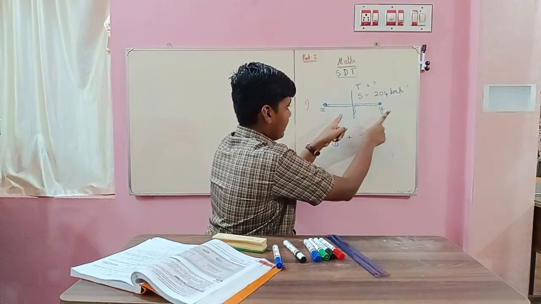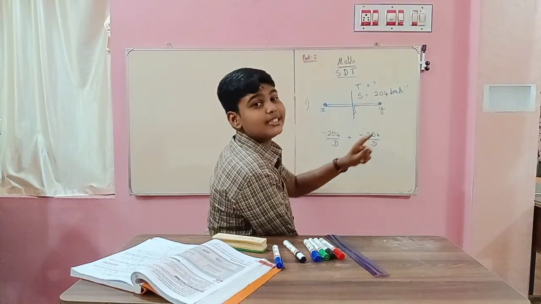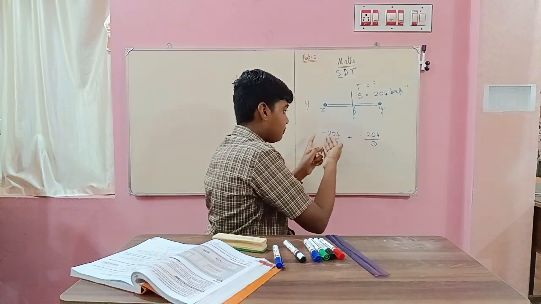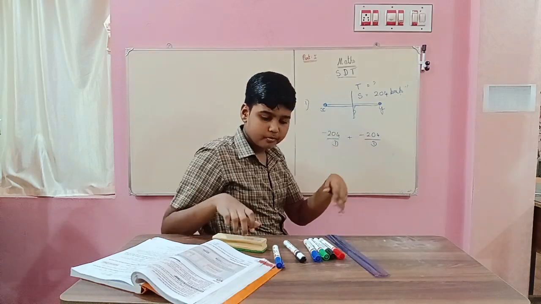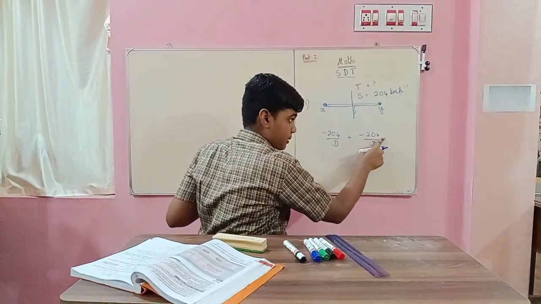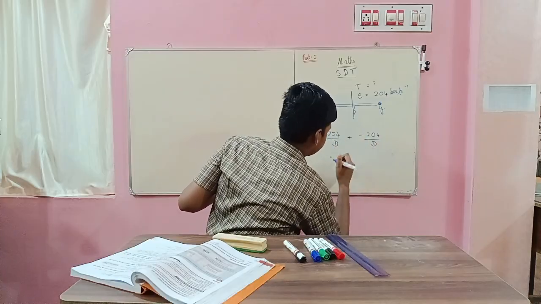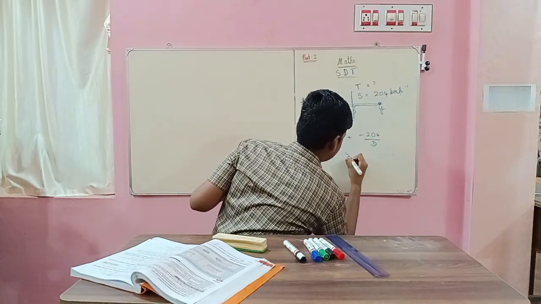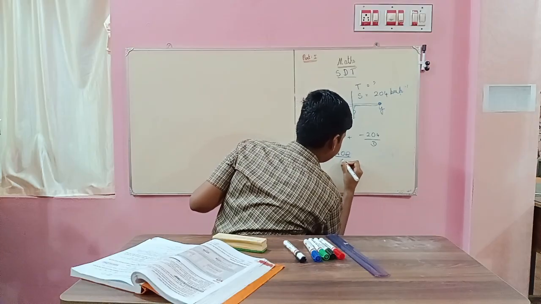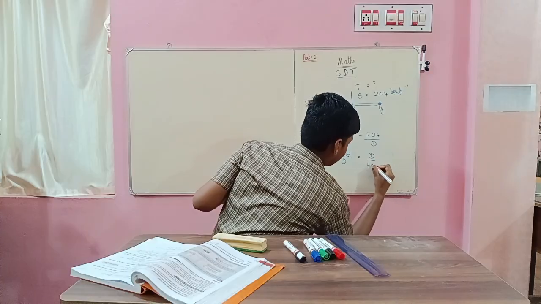Here x is the same and y is the same, and the speed is uniform, so it becomes equal. To add both, first add these two numbers and give the minus sign. It is 204 plus 204, so minus 408 by d, which is equal to d by 408.